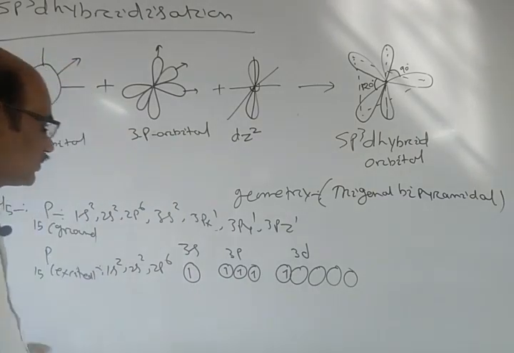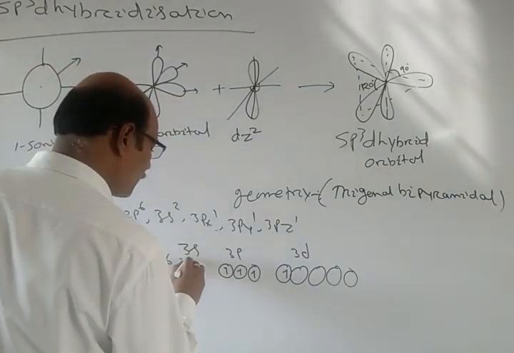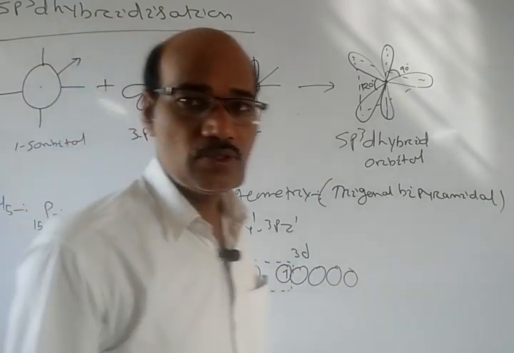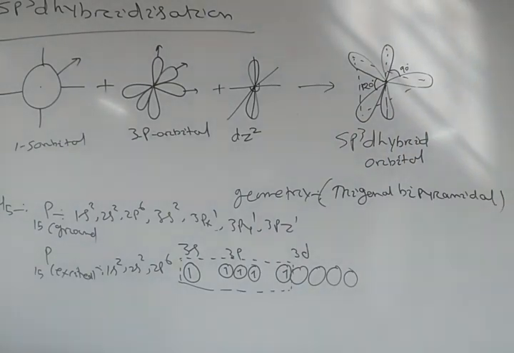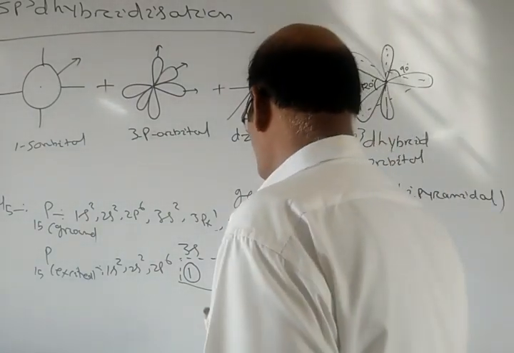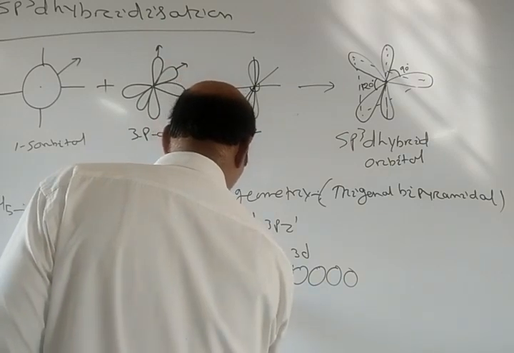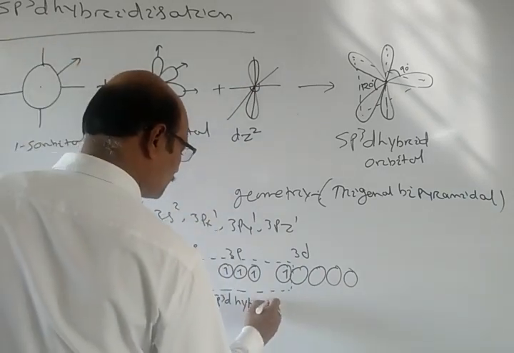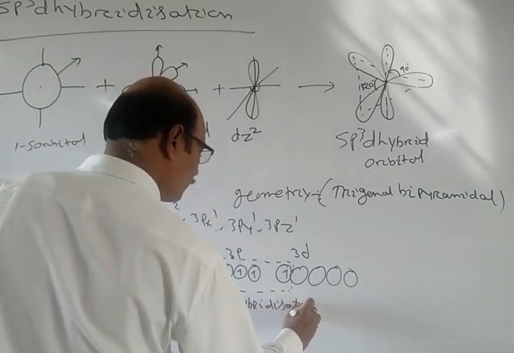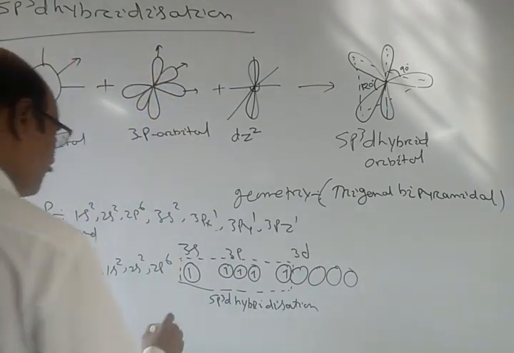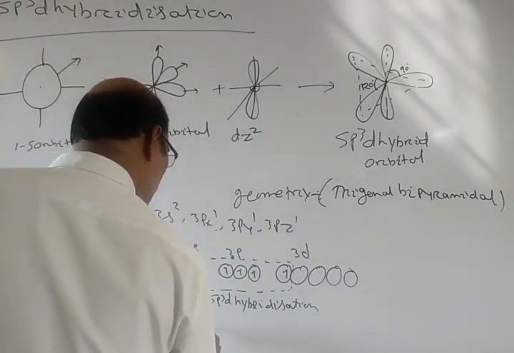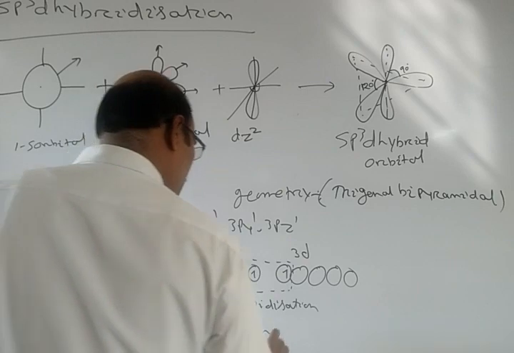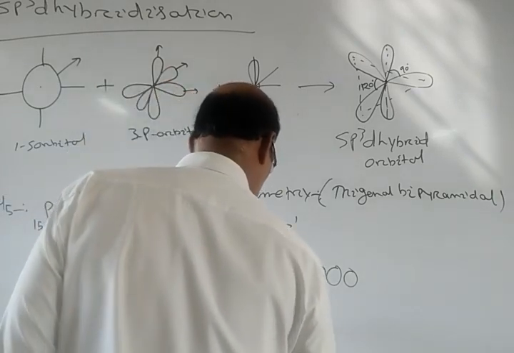Now here you see one s, three p and one d undergo sp3d hybridization to give five sp3d hybrid orbitals.